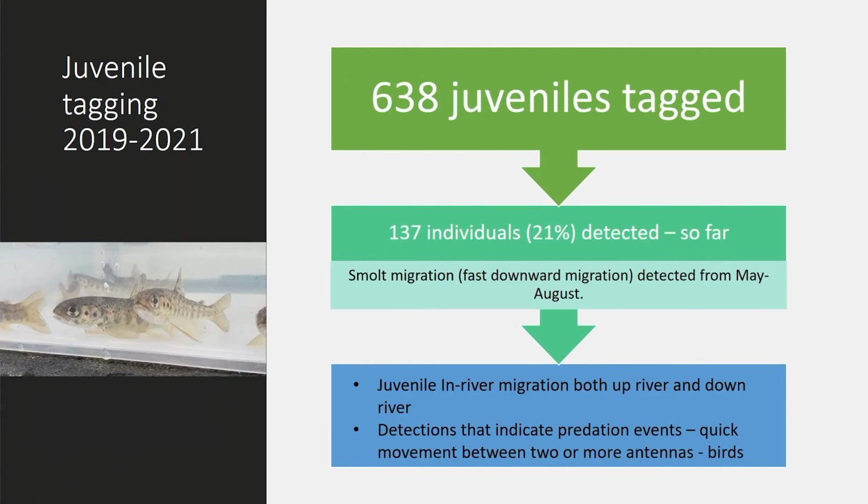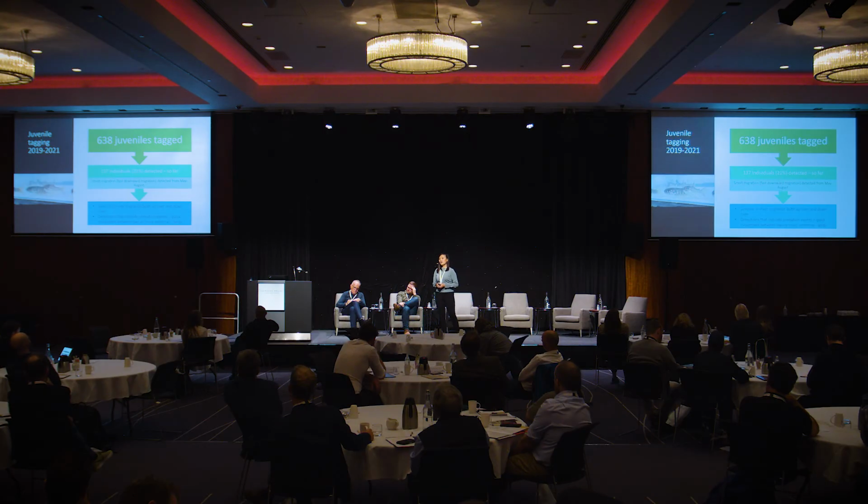And looking at our juvenile tagging data, in total we tagged 638 juveniles, and we've only detected 21% so far. From our detections, we noticed there were in-river migrations, both up and down the river, and some of these detections have also indicated some predation events.